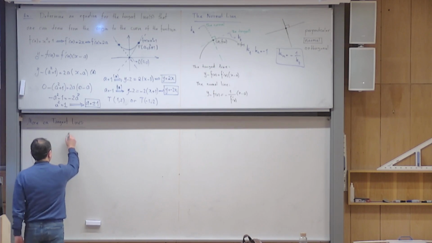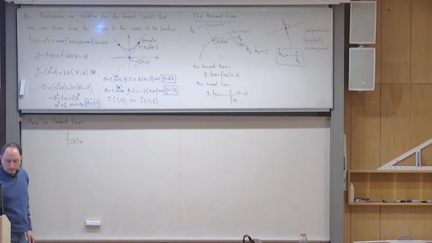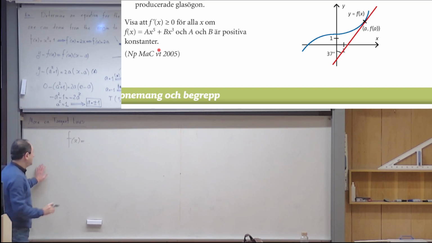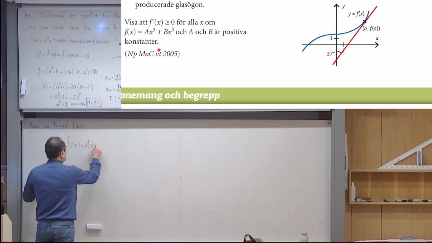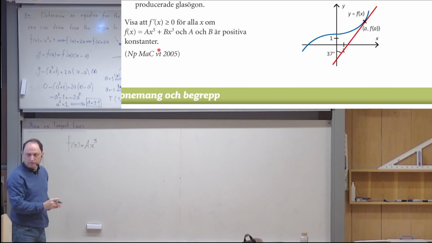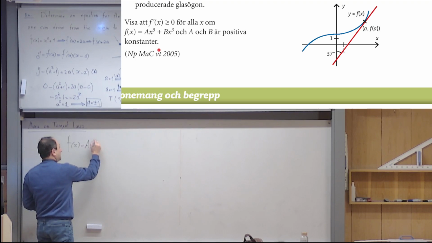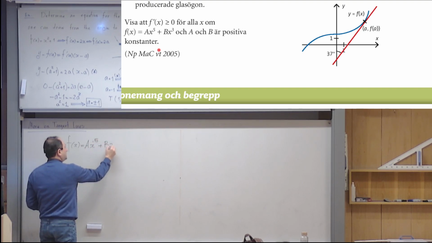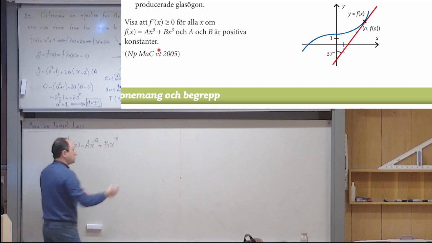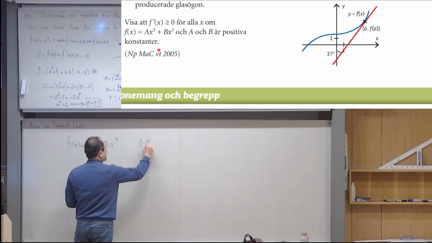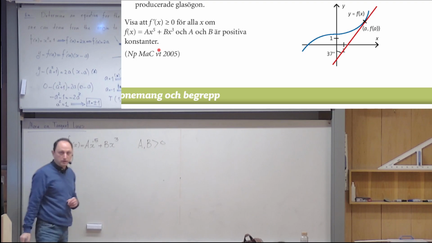So what's the function? The function f of x is equal to a x to the power of 5 plus b x to the power of 3. It is mentioned that a and b are positive in the problem itself.